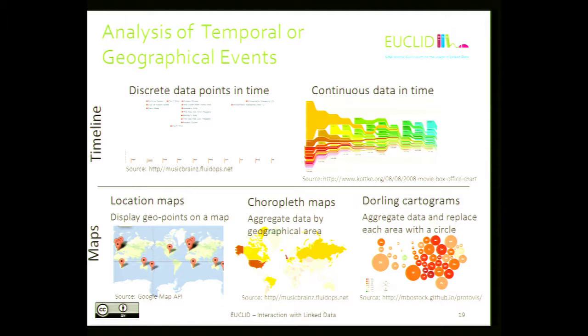And of course, for the category of maps, there are also several options available, like for example, using markers on a standard Google Map API, or showing a choropleth map, basically the same that we've shown some slides before, or, well, if the borders of a certain country do not really matter to you, you may also substitute the country borders in the map by circles and then end up in a representation like this.